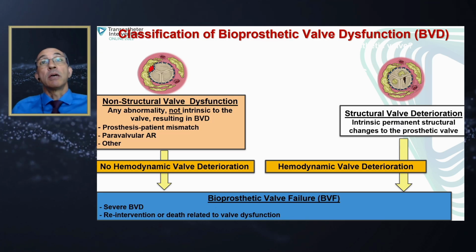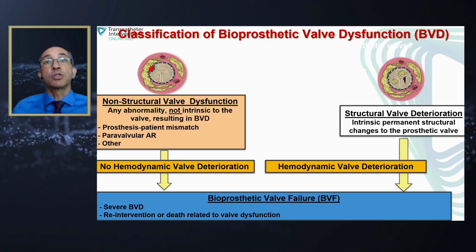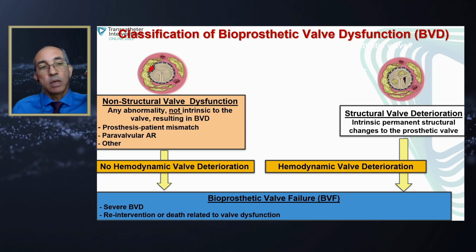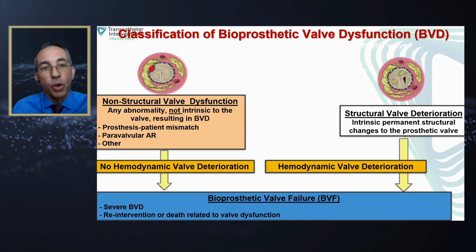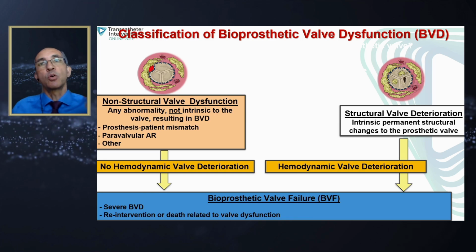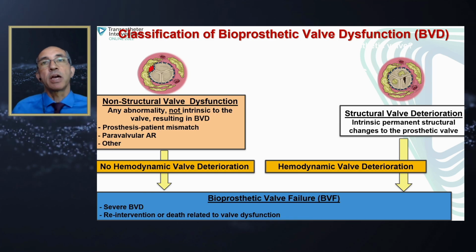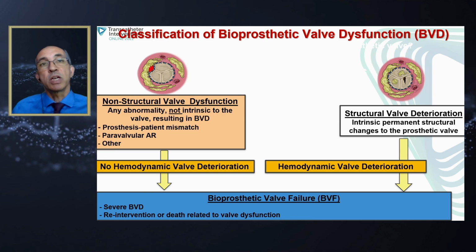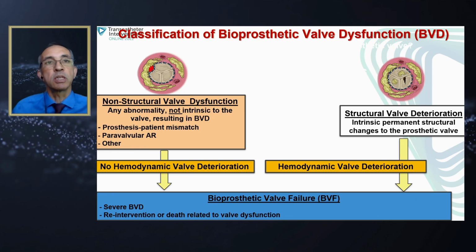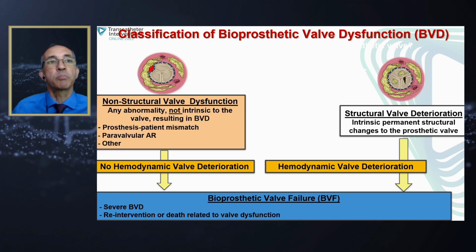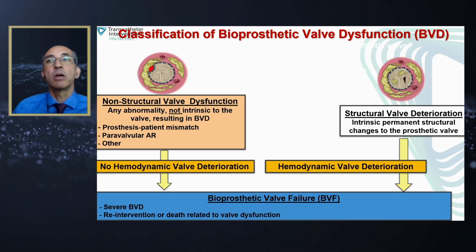Then you have the structural valve dysfunction and structural valve deterioration, where there is intrinsic permanent change to the leaflet or the stent of the prosthetic valve, which eventually leads to a deterioration in hemodynamic function and eventually a bioprosthetic valve failure requiring reintervention.